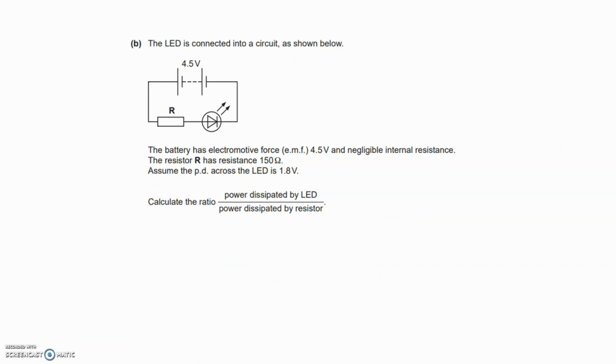Okay, part B of this question. The LED is connected into a circuit, the LED that we were looking at in part A, and the battery has an EMF of 4.5 volts, and we can ignore any internal resistance, and the resistor has a value of 150 ohms, so we'll write that in there, and the potential difference across the LED is 1.8 volts, so I'll squeeze that in there.